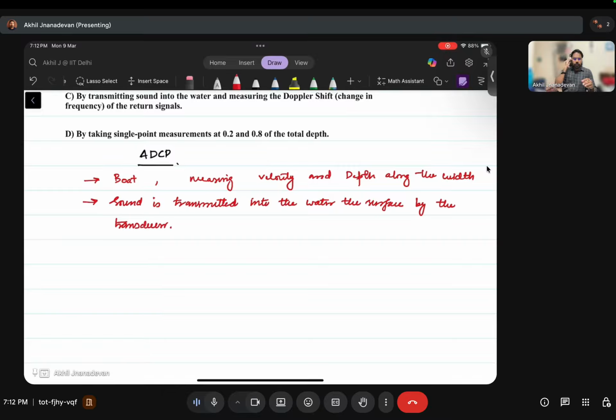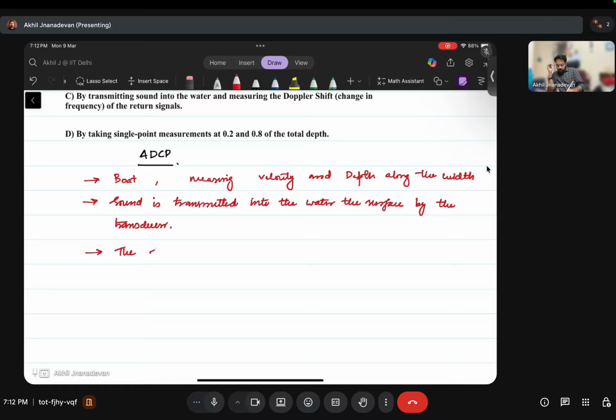The transducers are there as a part of the ADCP. So it will be transmitting sound waves, and they will strike the bottom of the river, and the signals are returned back and received by the transducer of the receiver. The change in frequency, or the Doppler shift, that is measured by ADCP is translated into water velocity.